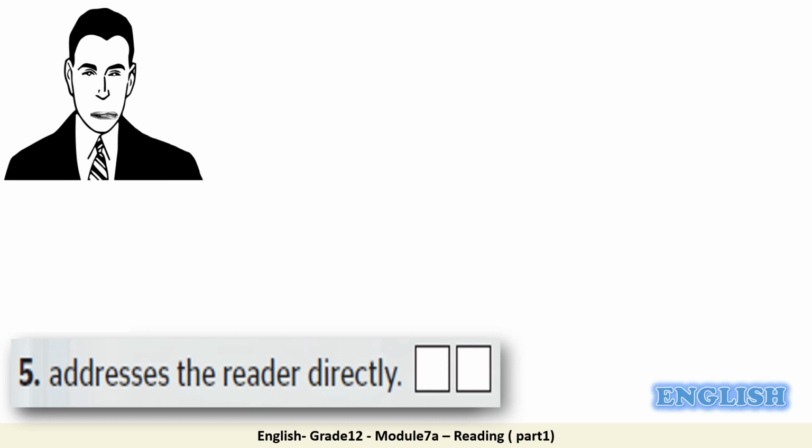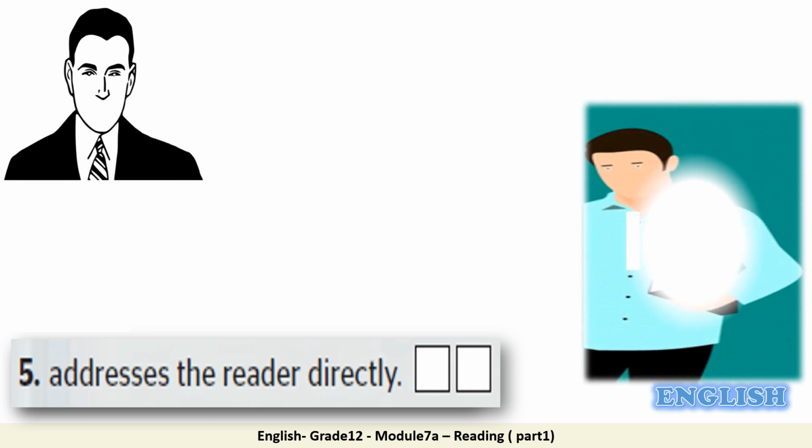5. And finally, which one addresses the reader directly? We have two texts here, where the writer addresses the reader directly. These texts are A and C. Let me show my evidence, sir.